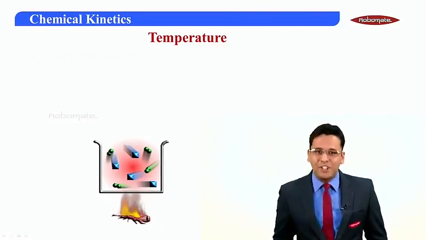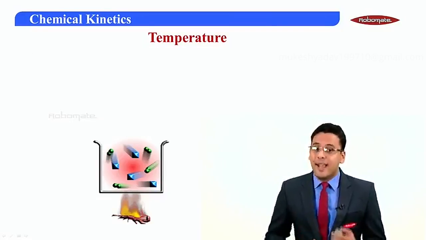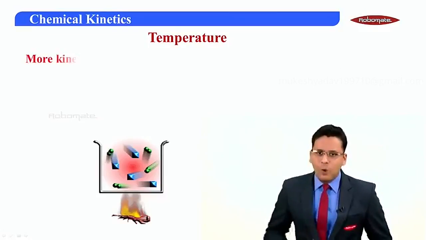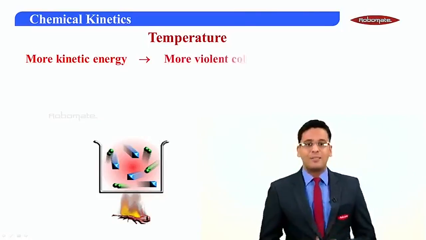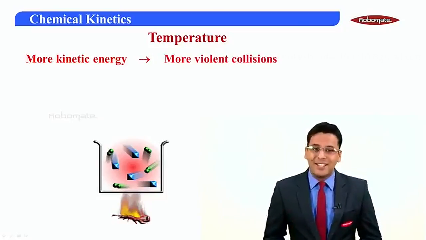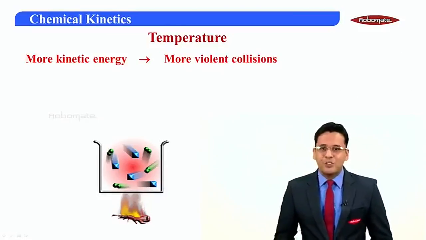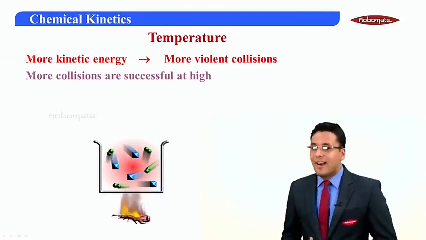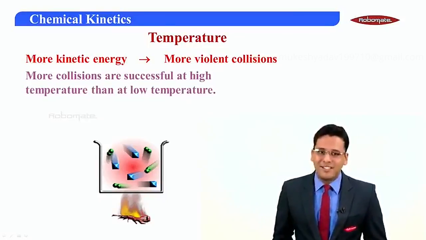At high temperature, the molecules have more kinetic energy, and more kinetic energy will correspond to more violent collisions. These violent collisions happen with such great energy that the reaction rate increases. So more violent collisions are successful at high temperature as compared to low temperature.